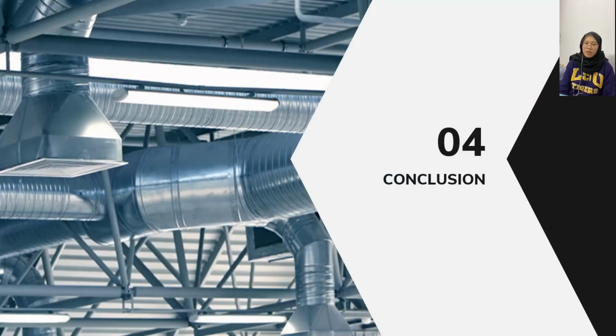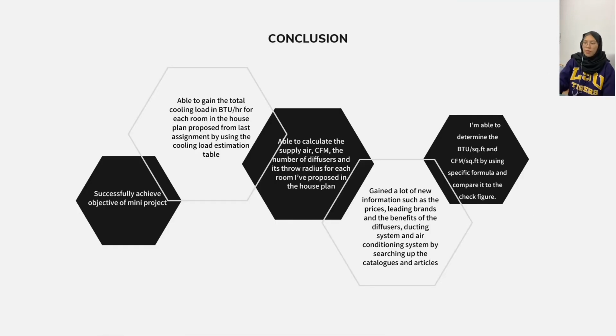Now we come to the second last part of this whole presentation, which is the conclusion. From this mini project and the last assignment, I think I have successfully achieved the objective of this mini project, since I am able to gain the total cooling load in BTU per hour for each room in the house plan from the last assignment by using the cooling load estimation table.